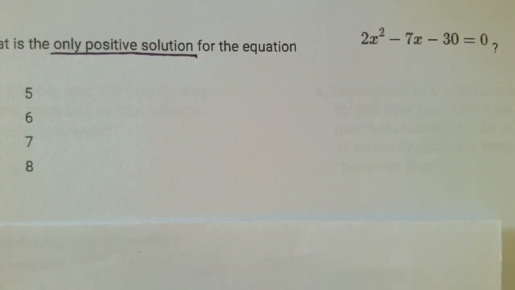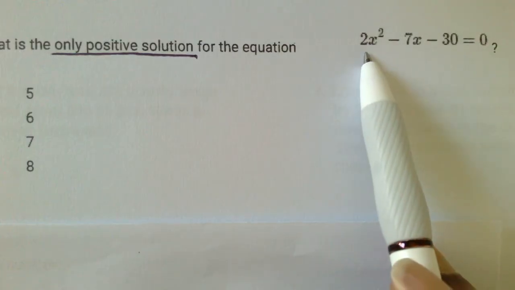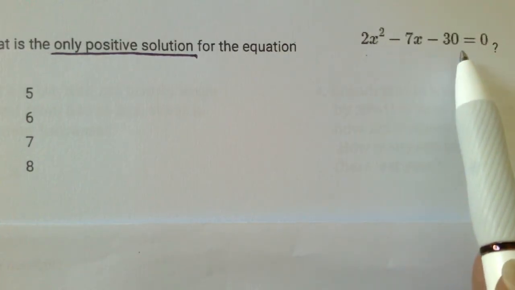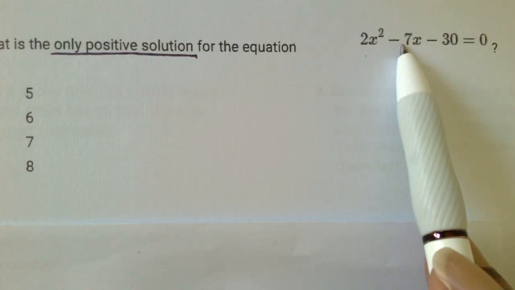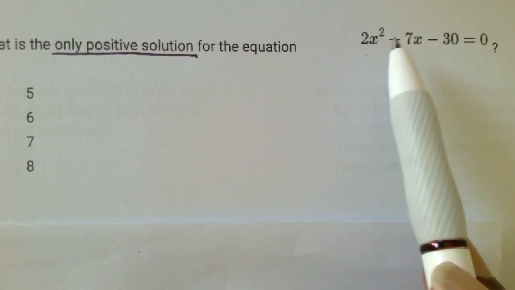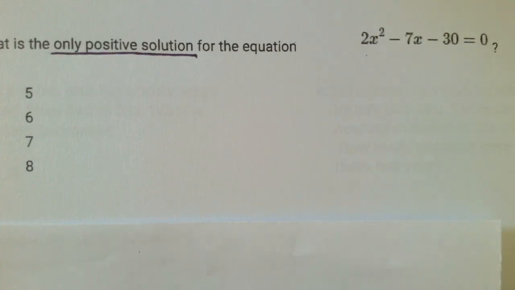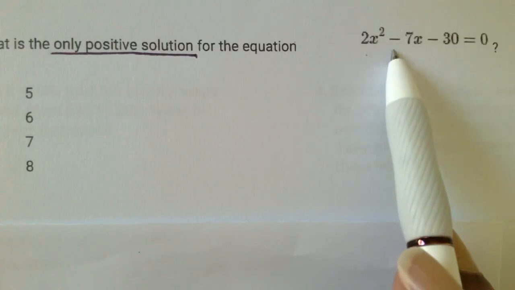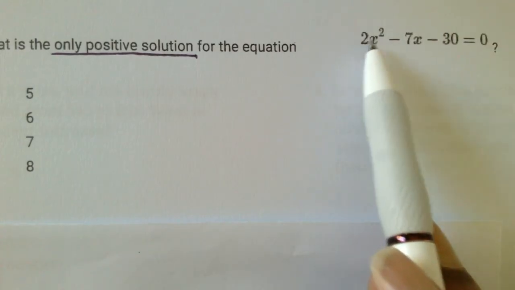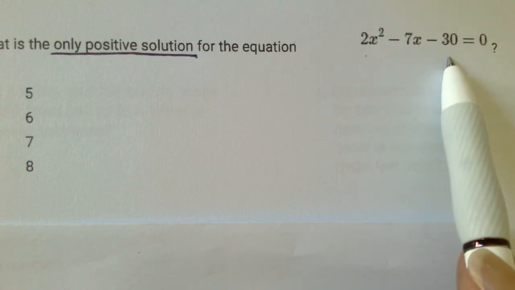And when you're doing factoring, which is the distributive property in reverse, we have to first see, do we have a GCF? Is there anything other than 1 that 2, 7, and 30 have in common? Okay, notice I'm not using the signage, just the numbers themselves.